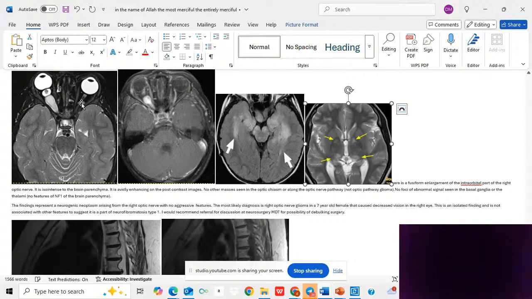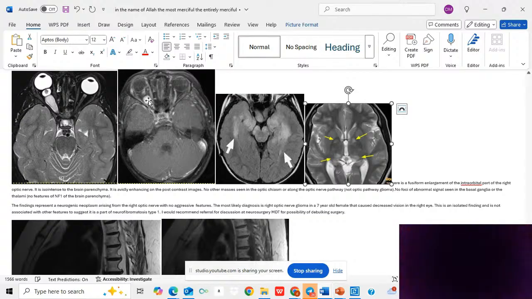The contralateral optic nerve is normal. It's avidly enhancing. So all of these criteria are characteristic features of optic nerve glioma: fusiform enlargement, iso-intense, and avidly enhancing on the post-contrast images.